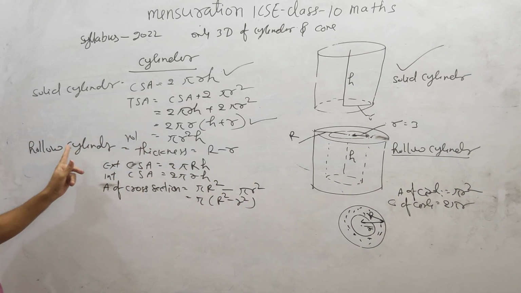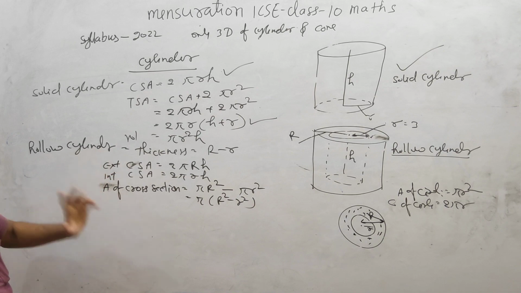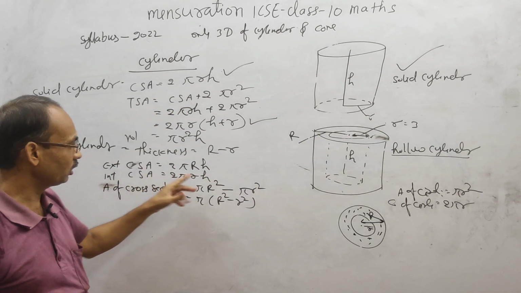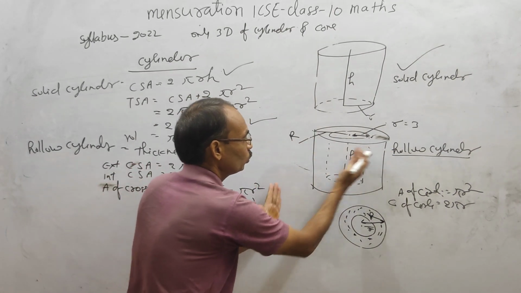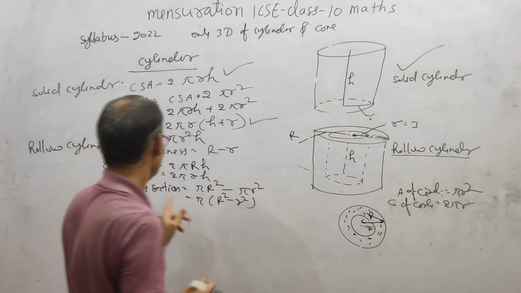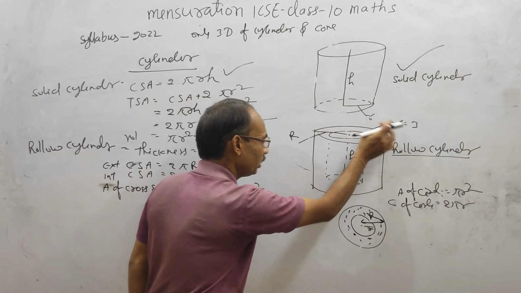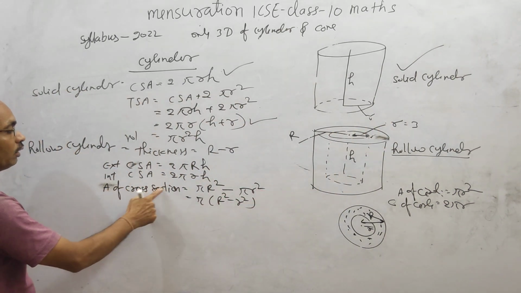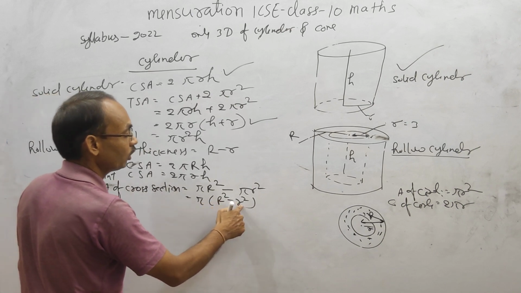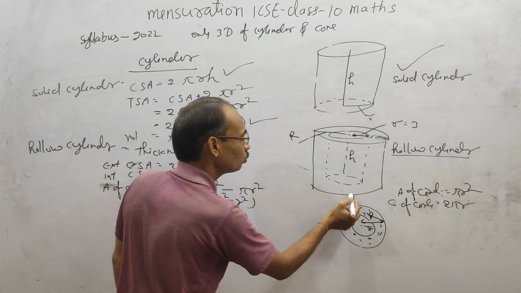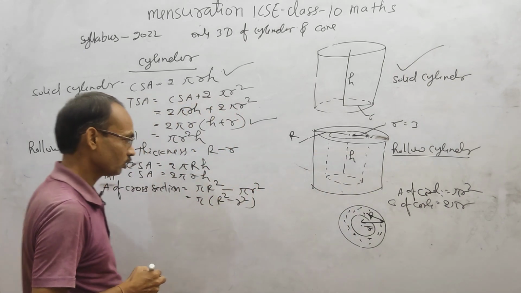So in a hollow cylinder there is thickness R minus r, external curved surface area 2 pi R h, internal curved surface area 2 pi r h, and the area of cross section pi times R square minus r square at the top and the same at the bottom.